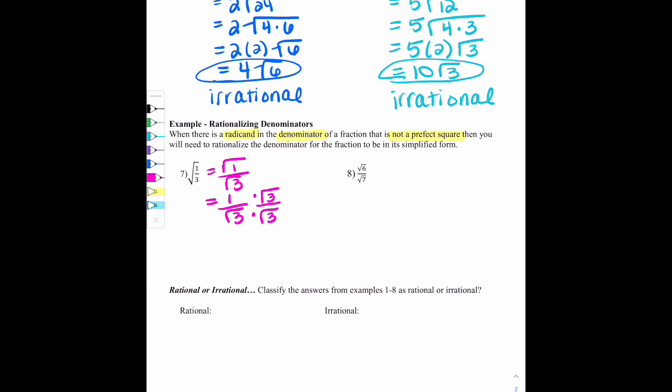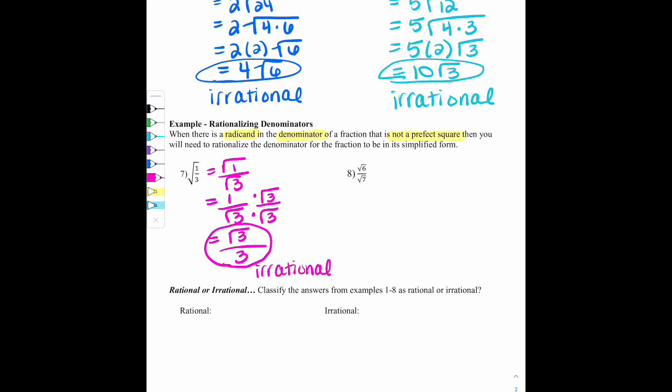The reason we do this is because now 1 times square root of 3 is square root of 3. And if I take a square root and times it by itself, we know from before it eliminates the square root symbol. So square root 3 times square root 3 is just 3. And now I have an answer without a radical in the denominator. I have rationalized the denominator, and we see that this is an irrational number.